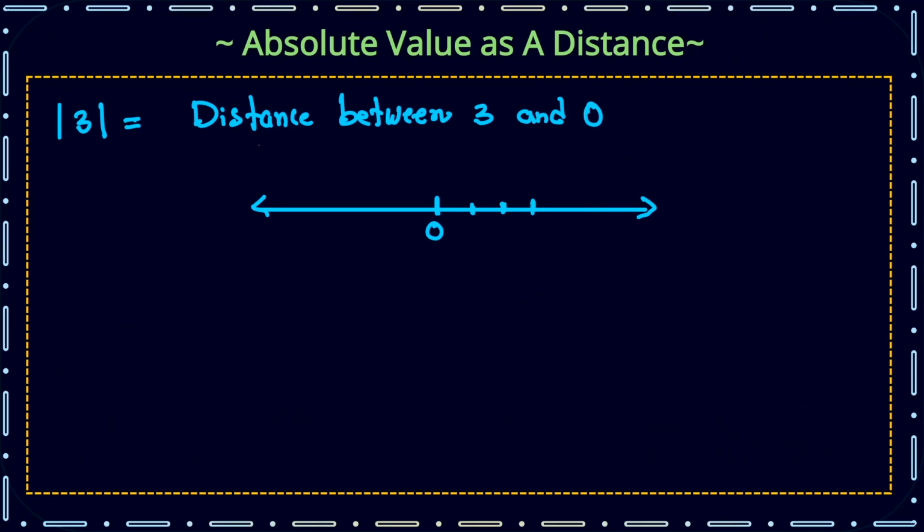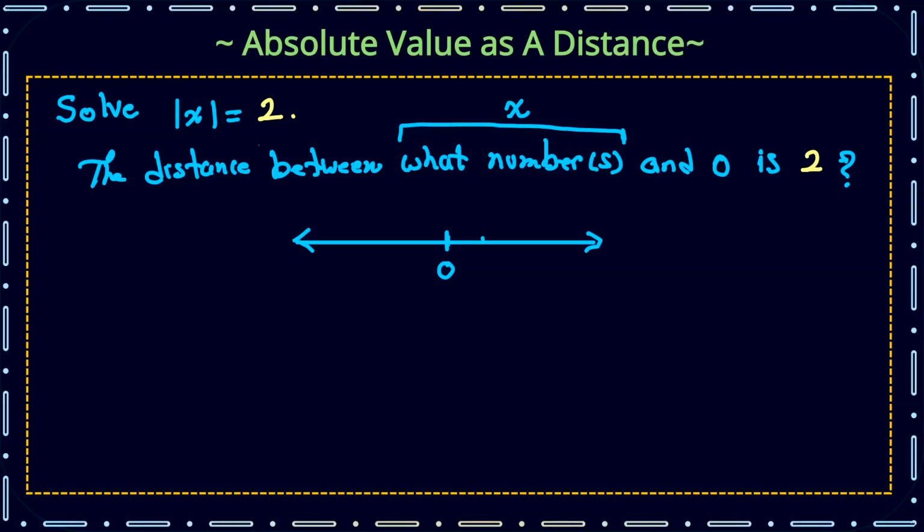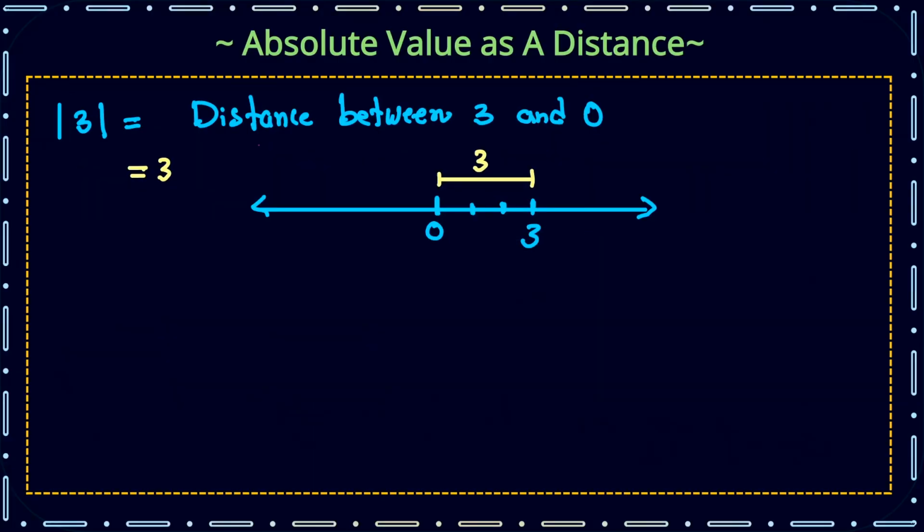On the number line, we're gonna locate 3. There's 3. Now you're going to measure how far 3 is from 0. If you count the number of units, then absolute value of 3 is 3. So what this is saying is that 3 is 3 units away from 0. The distance between 3 and 0.